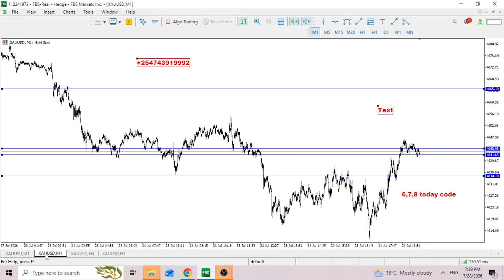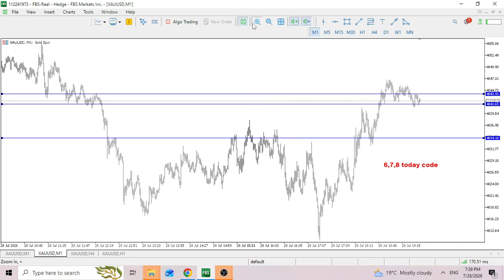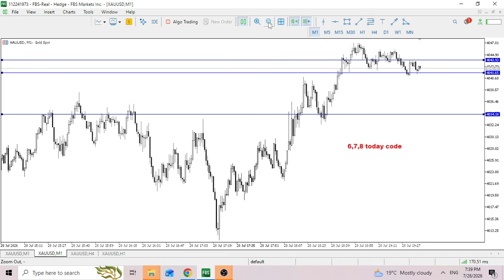Now, how to calculate percentage change? How to calculate percentage change in the market?